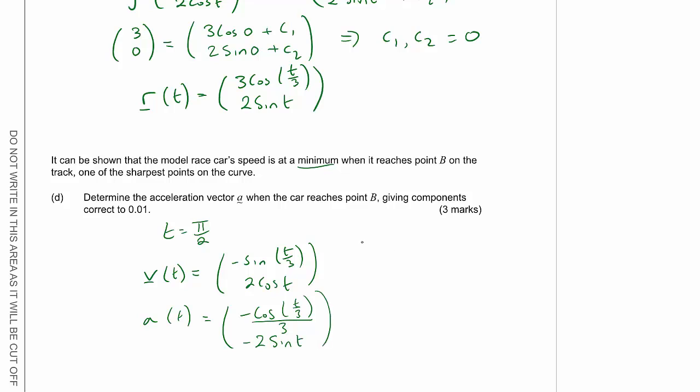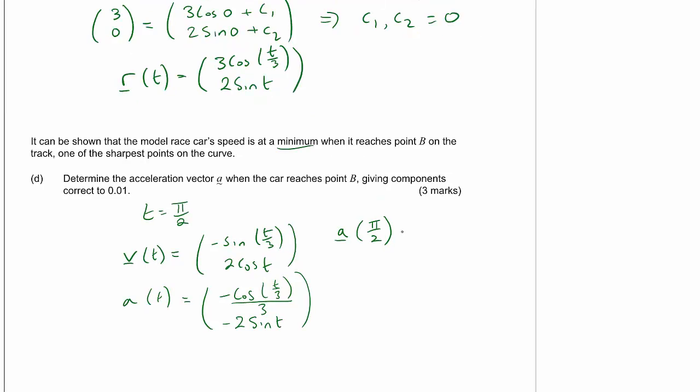And we want A of pi by 2. So that's going to be equal to negative cos pi on 6 divided by 3 and negative 2 sine pi by 2.